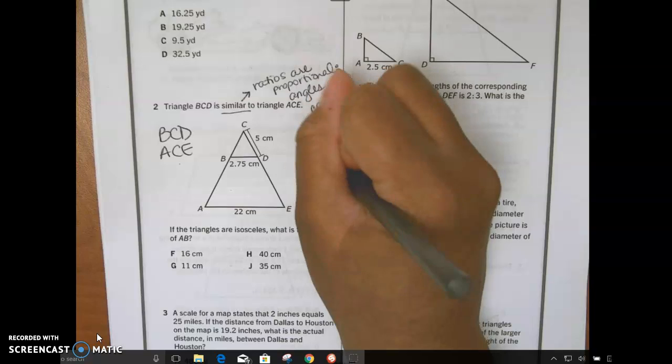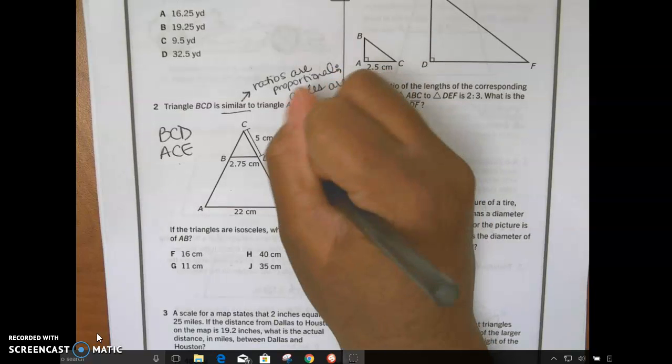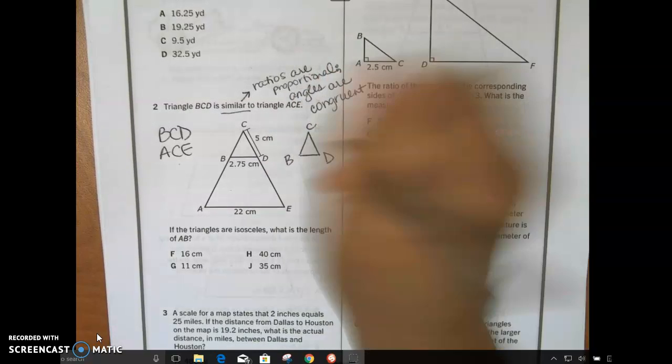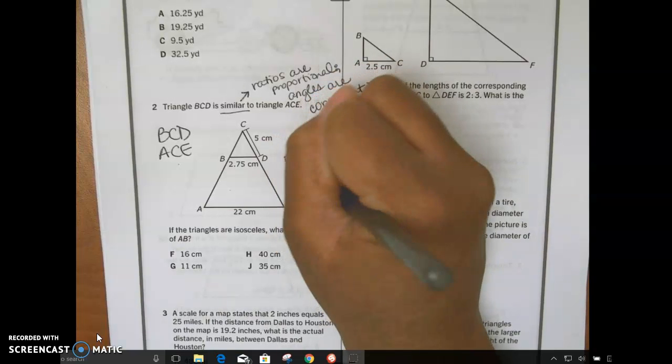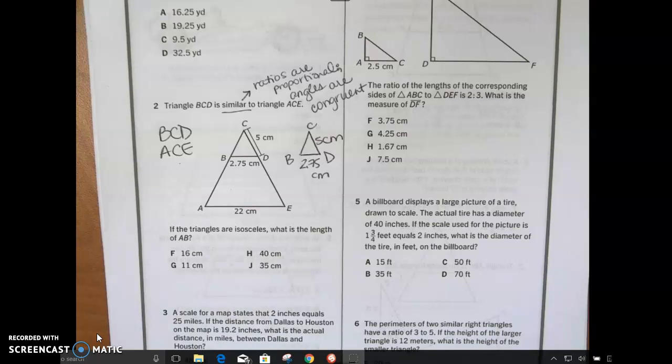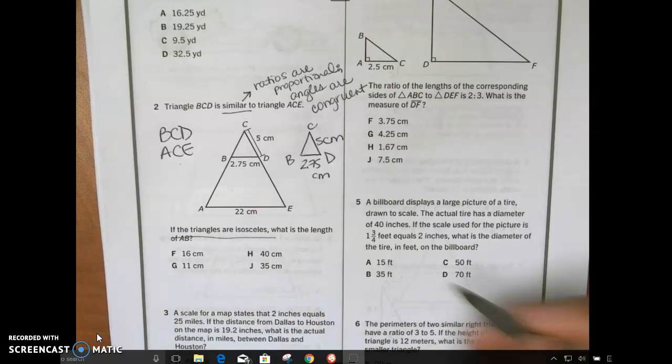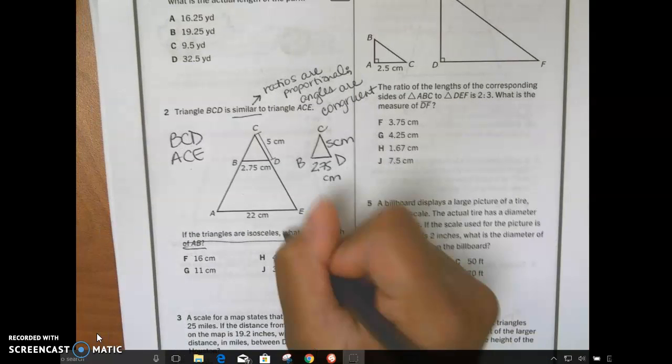Guys, this little tiny triangle up here is BCD. It is 5 centimeters here and 2 3/4 here. What do they have in common? Angle C. It is the same angle. Now, the triangle's isosceles. What is the length of AB?